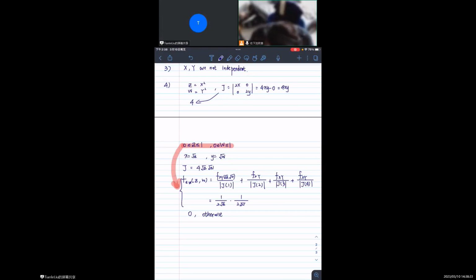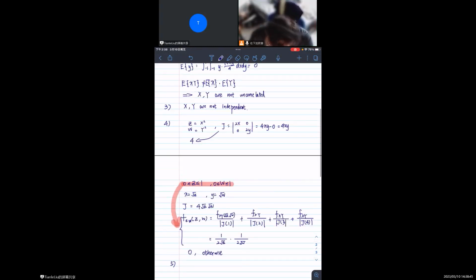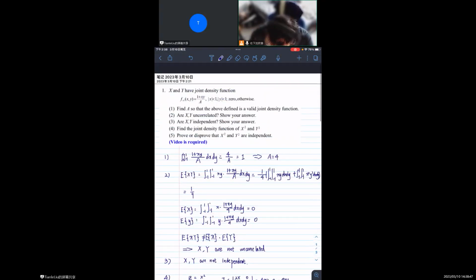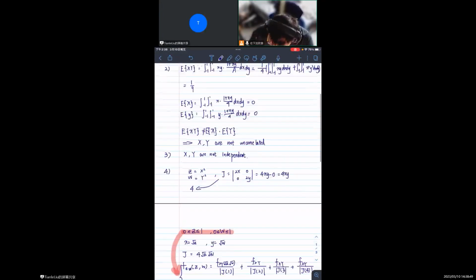For problem 5, we will have to do the independence test.